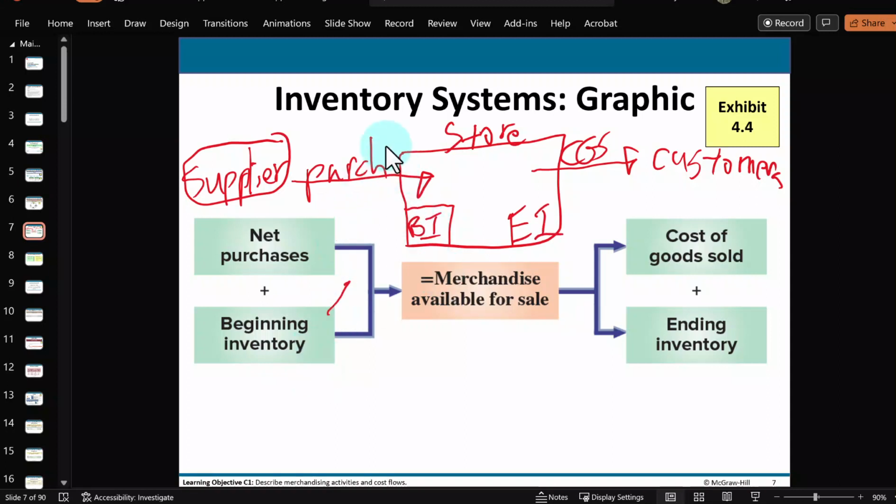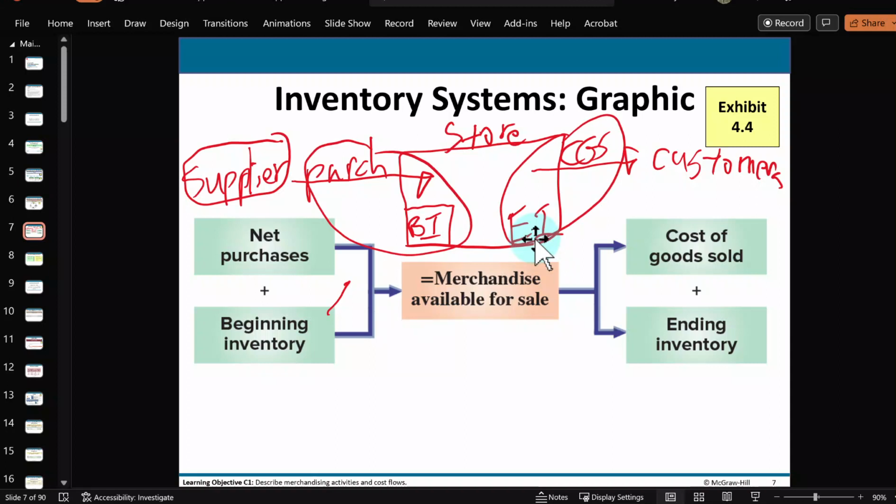In other words, these two here, what we start off with plus what we buy during the period, be it a month or be it a year, has to either be sold going to the customers, here we call it cost of goods sold, and the things we don't sell, the ending inventory. Again, these two here have to equal these two here.